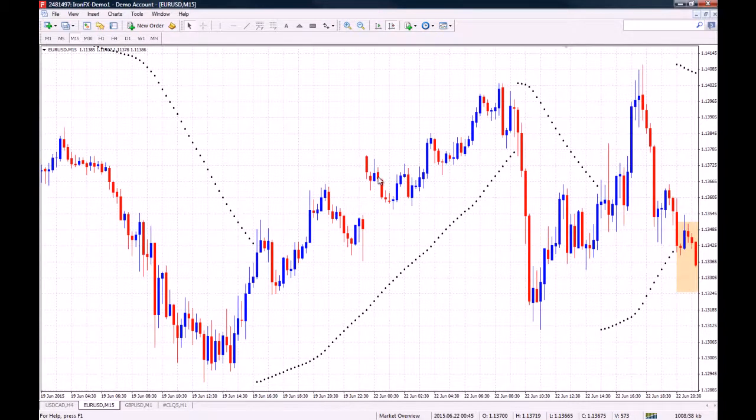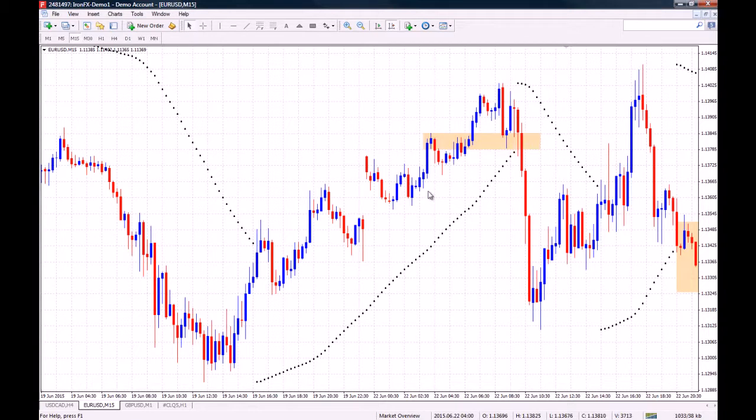Now, the second rule, for a true breakout, the candle that breaks with the parabolic SAR needs to also break with the previous area of, in this case, support and the previous lows, okay? Now, this is very important. We are going to also use price action for our entries.